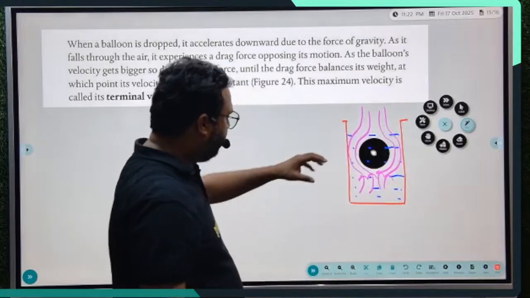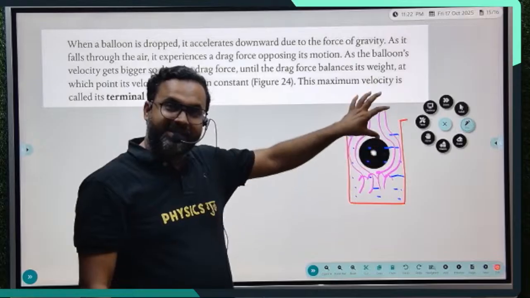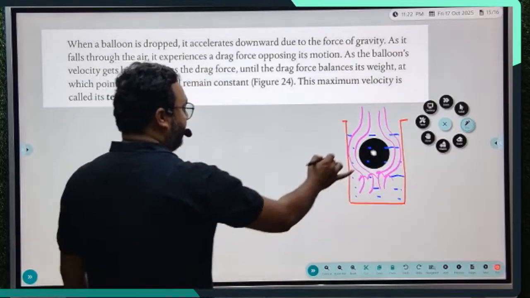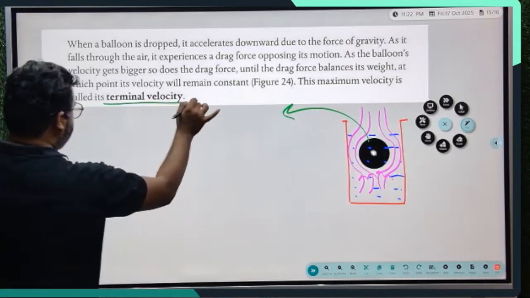When you drop the ball, initially the velocity of the ball is very high. But due to upthrust, the velocity becomes constant.